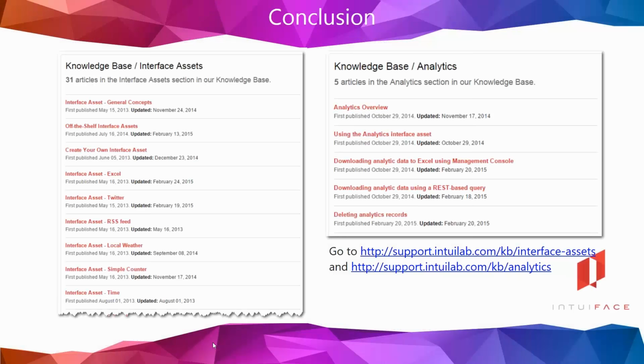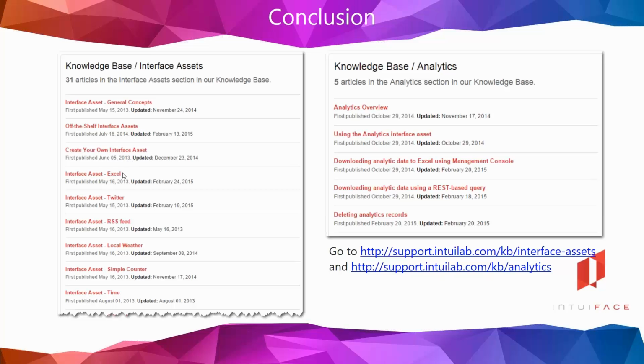I think we covered quite a lot of topics today. We talked about the interface assets. We saw how to import data using Excel, using a web service, how to use the off-the-shelf interface assets like the clock, like the weather, like the Twitter. I mentioned that you can create your own interface asset. You have a bunch of articles about that, and have a look.